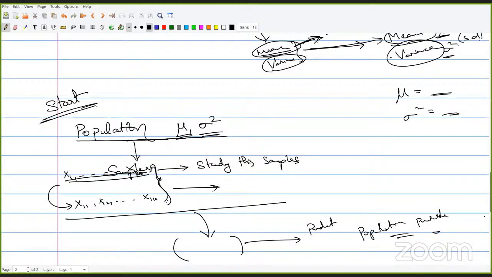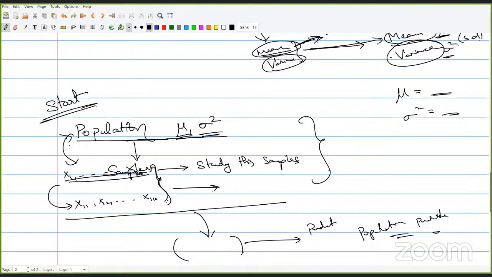Right now we are in the studying process. If I know the population mu and sigma square, how should I collect my samples, and how closely are the sample mean and variance related to the population parameters? We study this, and then apply it to the unknown population.